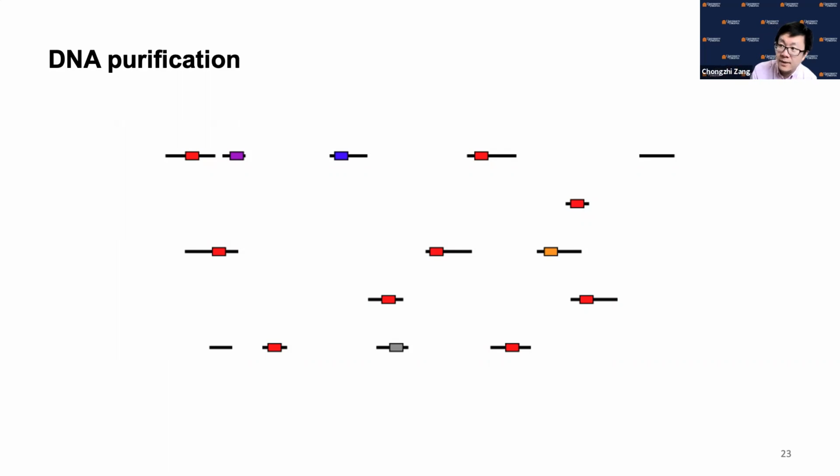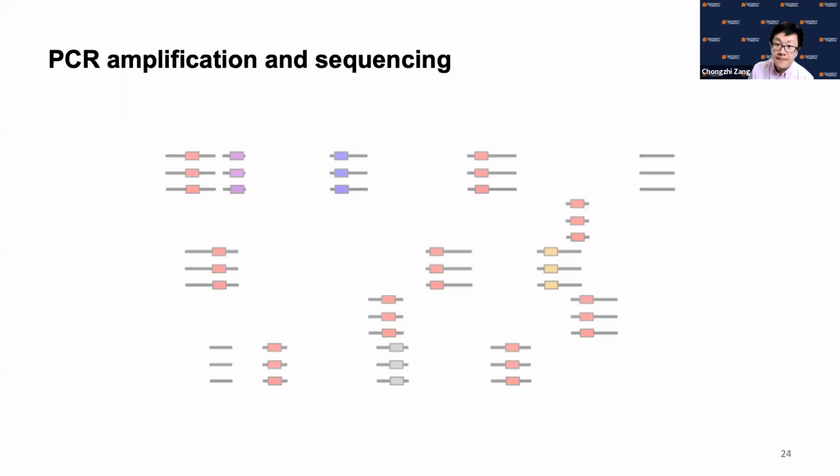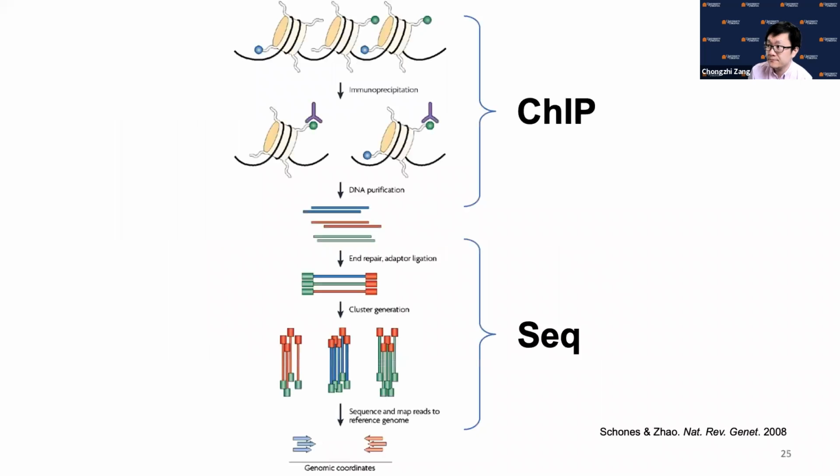Keep in mind that all of these DNA fragments are associated with the protein factor we are interested in. And now comes the common step for next generation sequencing. We want to do PCR amplification to amplify the DNA fragments and to do the sequencing.